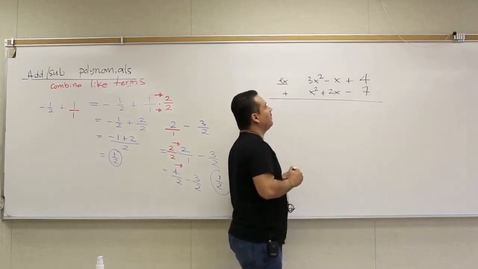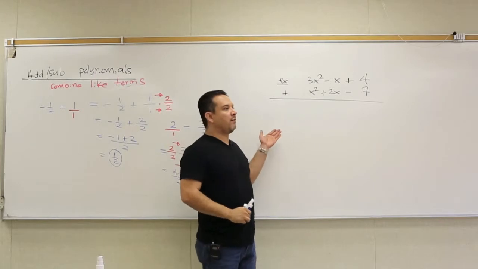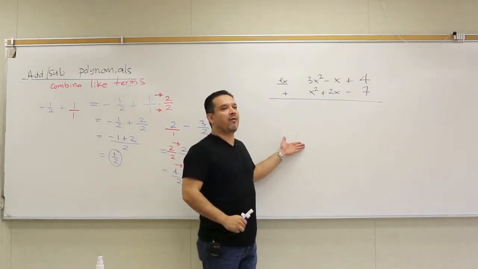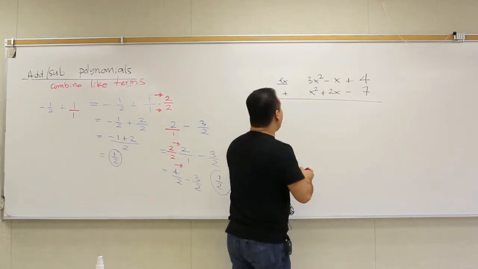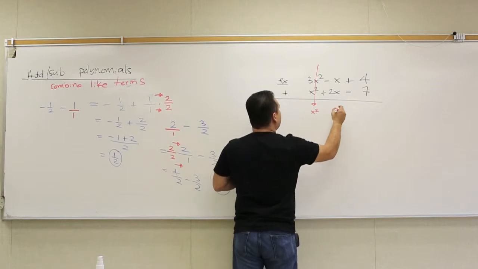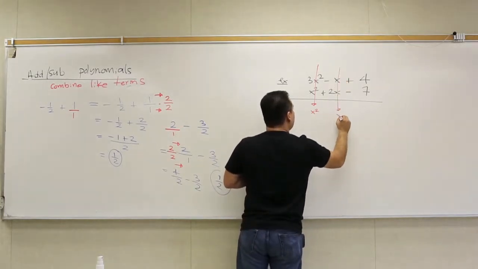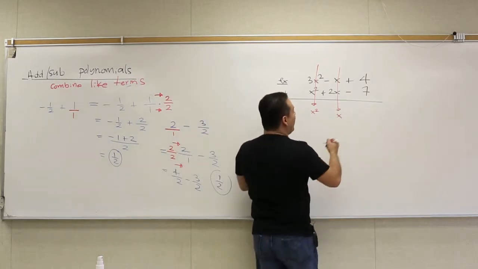We don't just add horizontally, left to right. We can also add vertically. So you can line up these terms, x squared with x squared, and x with x.